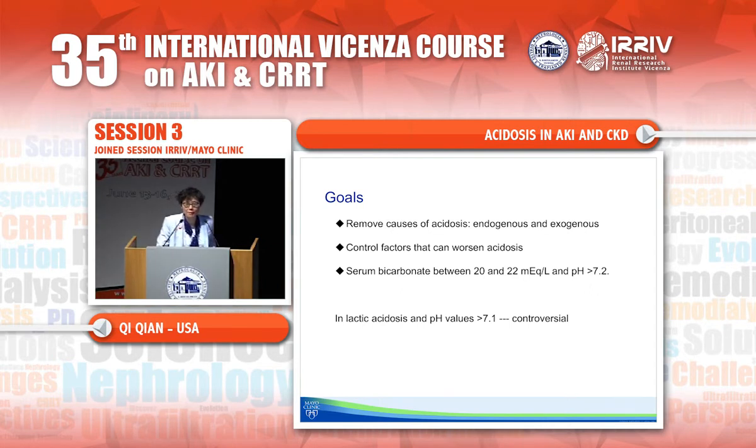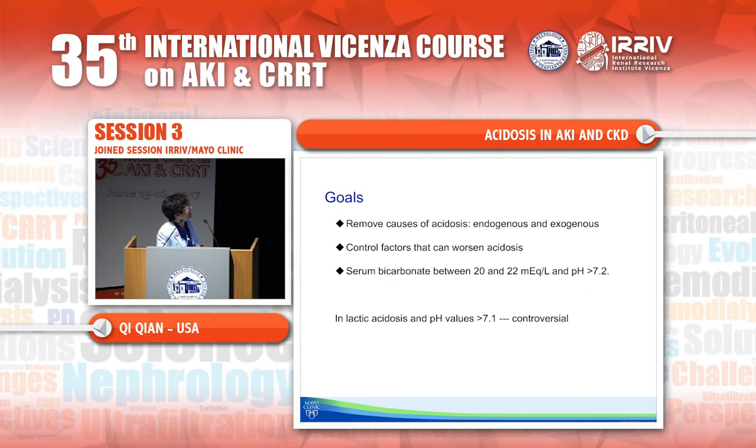In the setting of a hyperchloremic acidosis, the worst thing you can do is give normal saline, because the high chloride is just going to worsen the tissue perfusion as well as worsen acidosis. And serum bicarbonate should be controlled around that level. In patients, you're hoping for a pH of greater than 7.2.